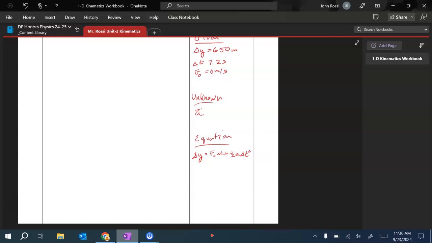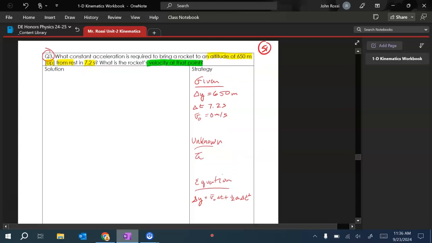So remember, we're looking for acceleration here. I'm just going to put that equation up in here too. We need to write that the displacement is going to be 1/2 the acceleration times the time squared. Why? Because my initial velocity is 0. So I can chop half of that equation off like I did in the first problem.